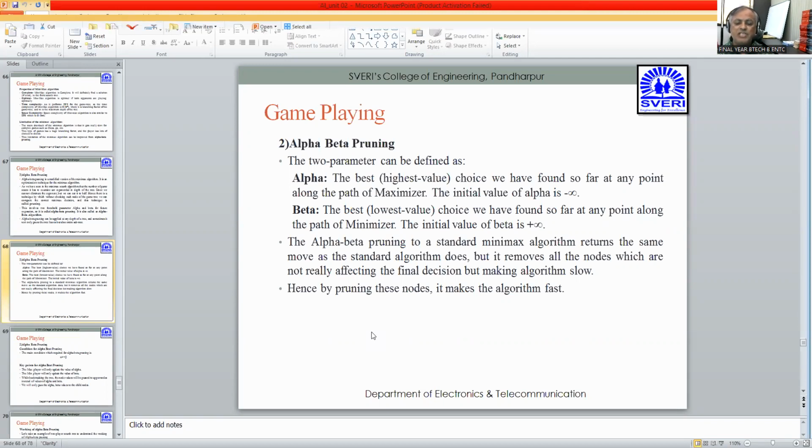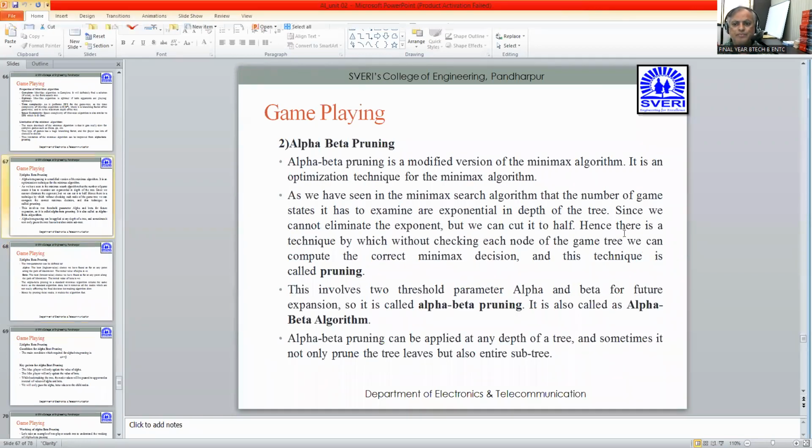Obviously the same kind of thing happens as in the minimax algorithm, but it removes all the nodes which are not really affecting the final decision. In minimax we have to go to every node because it assumes all nodes are important for the decision, but in this case we made some technical changes because of which we don't need to visit every node.